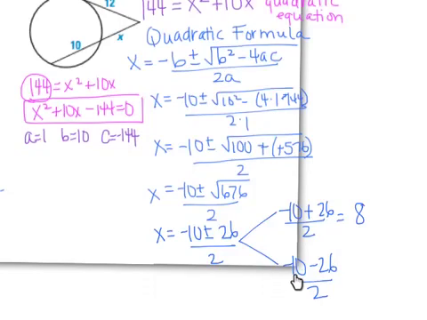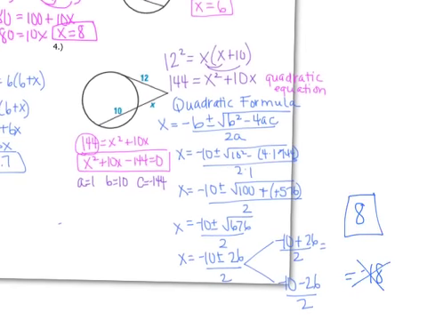For the second one, negative 10 minus 26 is negative 36. Divided by 2 is negative 18. Remember, we're looking for a segment length. That negative 18 cannot be a length of a segment, so we just need to keep the positive 8. If you need to rewatch that entire example, then please do so. You will be expected to know how to use the quadratic formula.